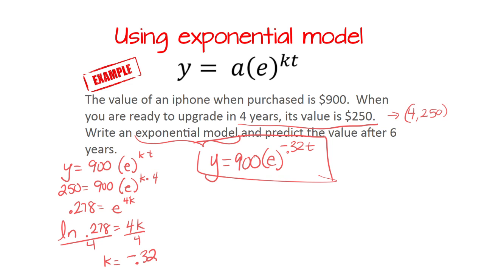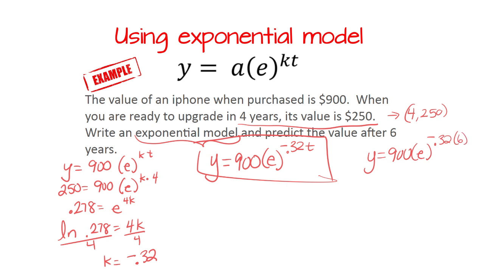Now, when I use the model to find the value after 6 years, I don't get to use this rounded number here. I will have to go grab that on my calculator. But ultimately, I'm just plugging 6 in. So I'm going to have y equals 900 e to the negative 0.32 times 6.